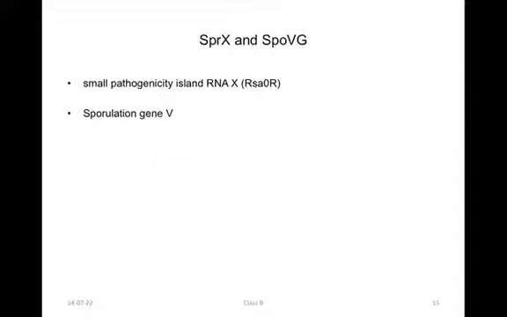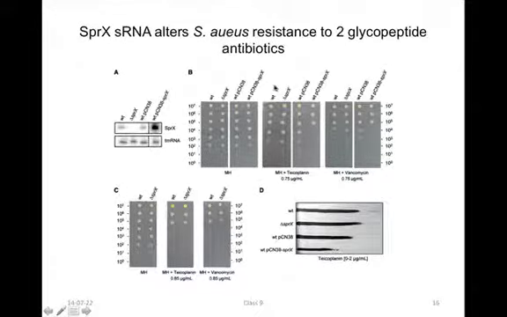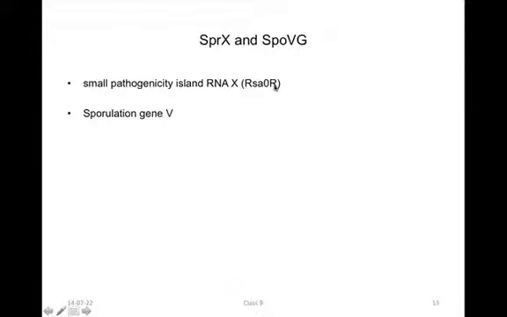They're just naming it by where it's located on the chromosome. Before, they called it RSA0R, since they found a long list of RNAs from Staph aureus and were just numbering them 0, A, B, C, D, E, F, G, H, all the way to letter R. So this SPRX comes from another project.